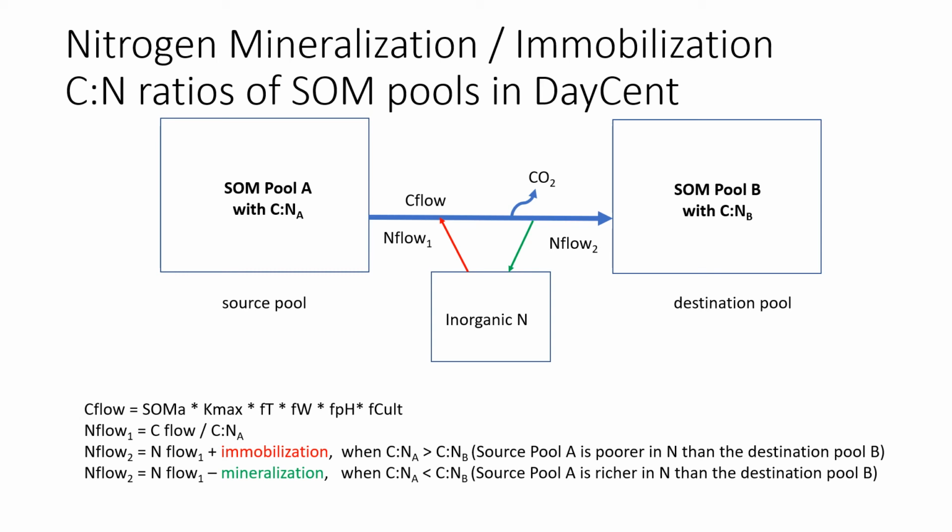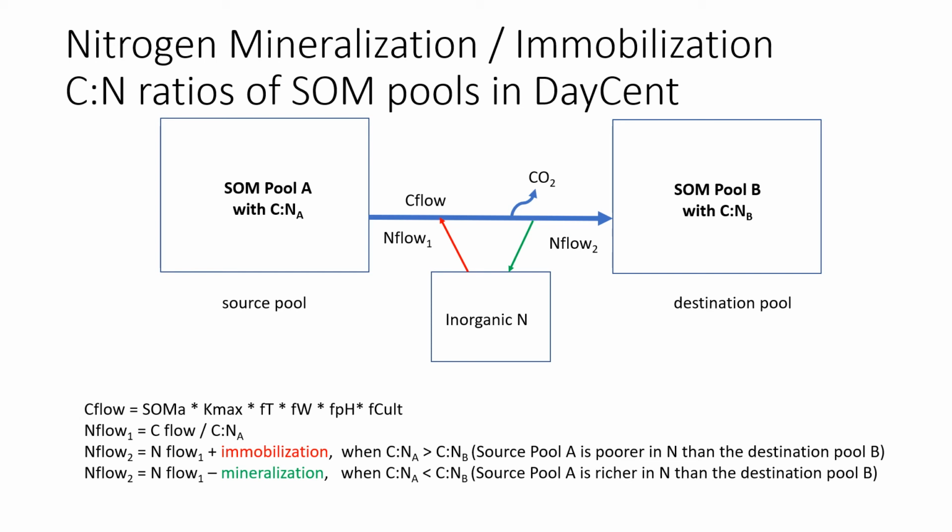But that carbon flow coming out of pool A also has a carbon-nitrogen ratio associated with it. So if you want to figure out how much nitrogen is in that carbon flow, you take the carbon flow and divide it by the carbon to nitrogen ratio of pool A. So N flow of 1 is the flow out of pool A, the carbon flow divided by the carbon to nitrogen ratio of that pool.